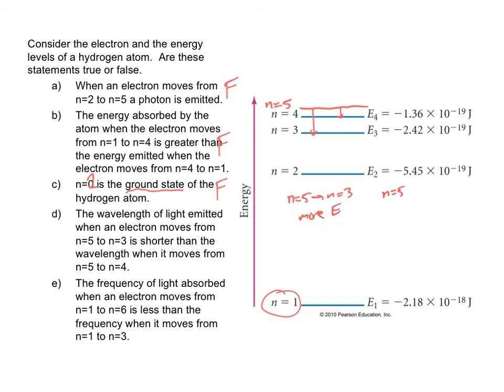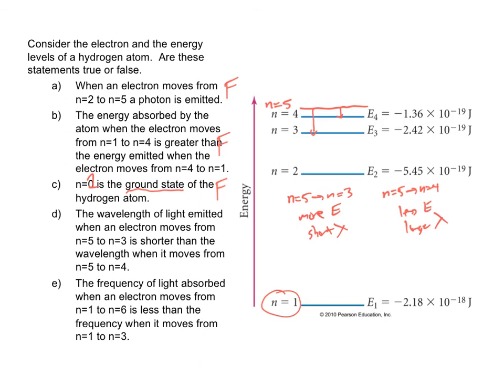When I go from n is equal to 5 to n is equal to 4, that requires less energy. And remember the relationship between wavelength and energy. They're inversely proportional. So if it requires more energy to go from n is equal to 5 to n is equal to 3, then that's going to be a shorter wavelength, and that's going to be a longer wavelength.